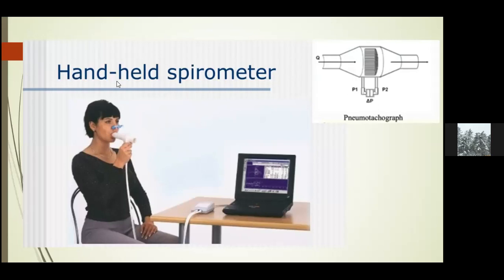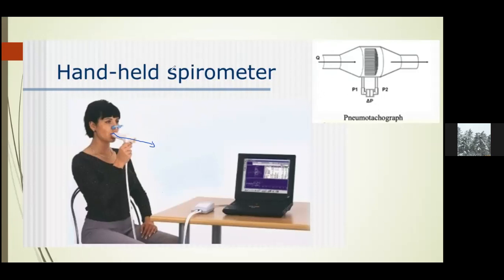Now, this handheld device, as you breathe out, the air will pass through this region here. The air will flow from the mouth to the other side. So if you look at the direction, air is going to move through here and go out.